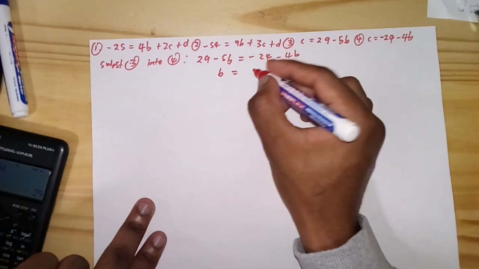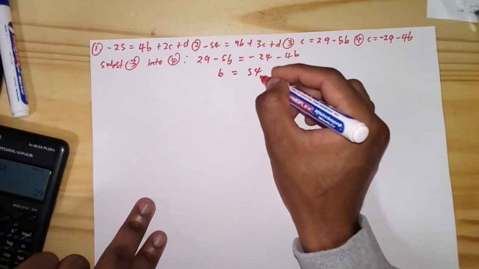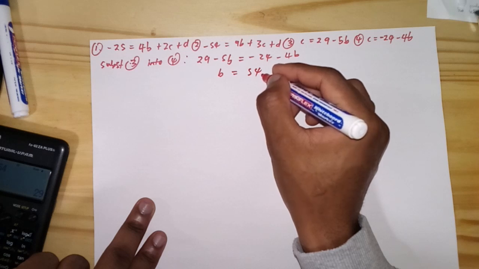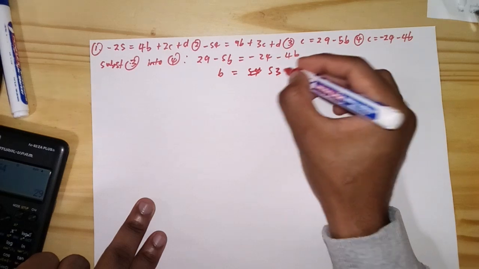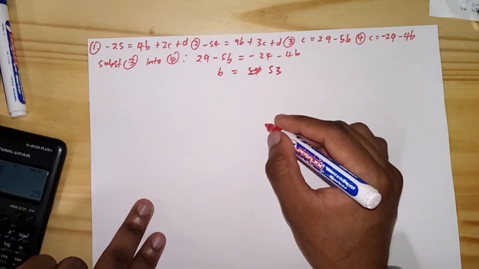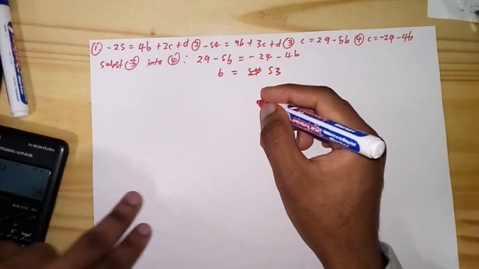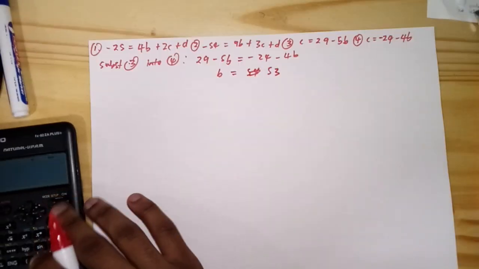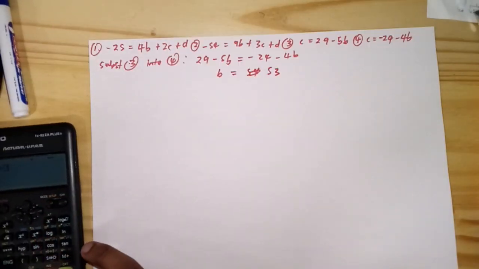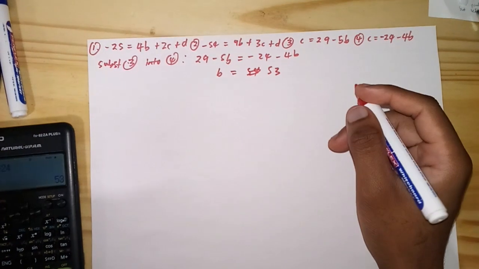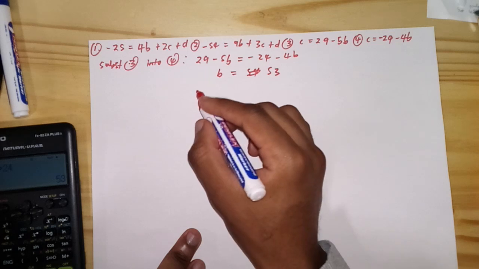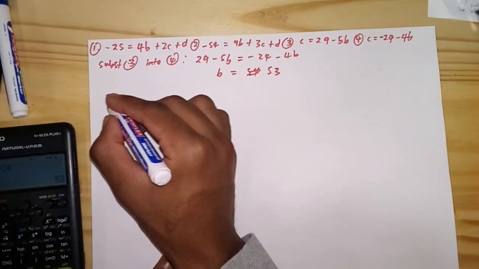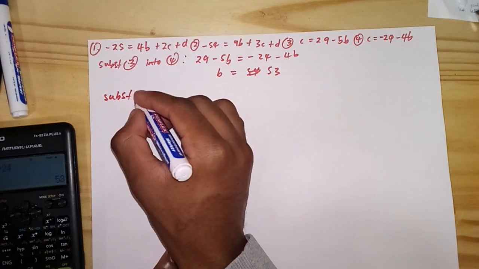What does that give you? It's like 54. Oh, it doesn't. Gives you 53. Let's just confirm. 53. Okay, so this gives you 53.